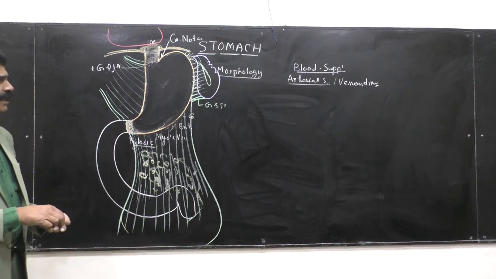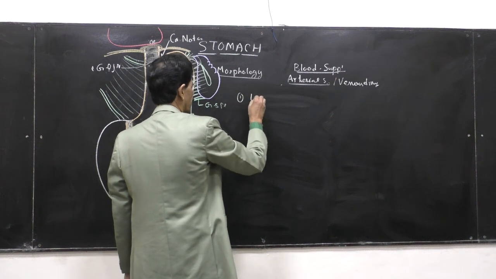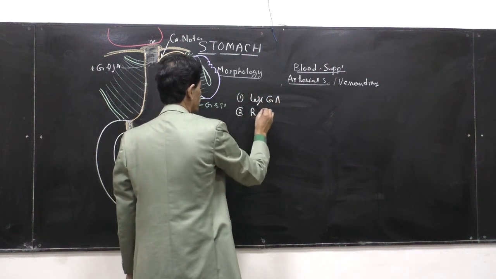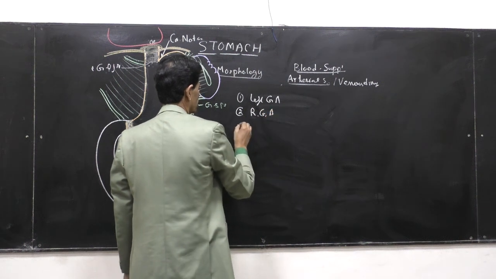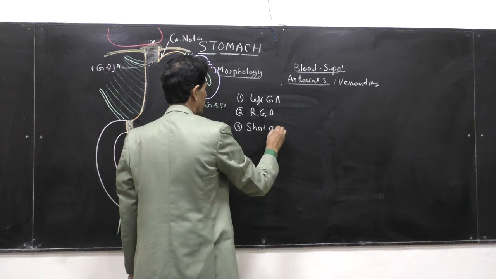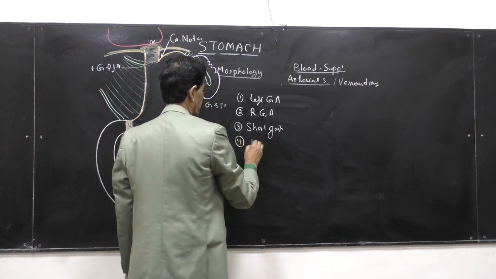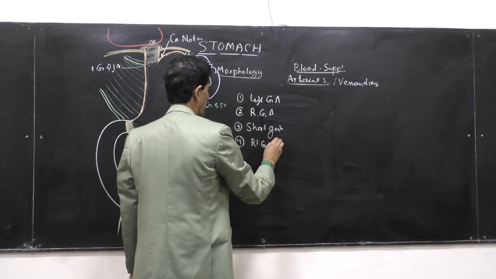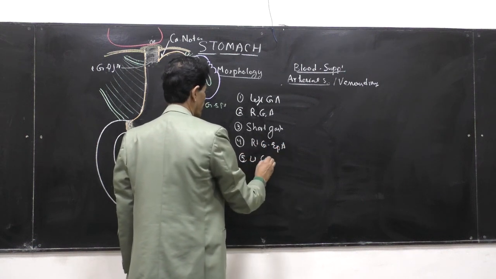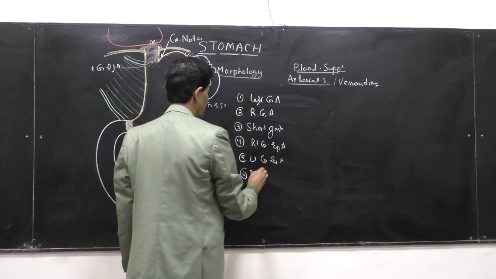Now the arteries which are supplying the stomach are the left gastric artery, then the right gastric artery, then the short gastric arteries, then the right gastroepiploic artery, then the left gastroepiploic artery, and a few posterior gastric arteries.